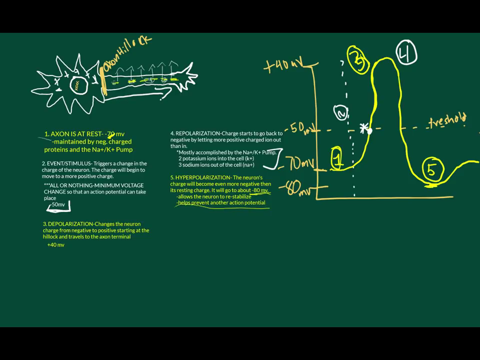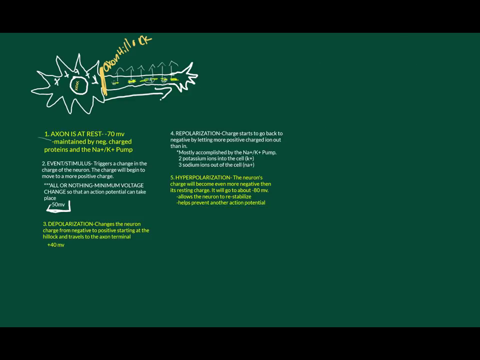And that's where it's going to reach about -80. And then once it has enough time to stabilize and it's not interrupted by any other action potential, it'll level off, and then it'll go back to -70, and then you start back at step number 1.